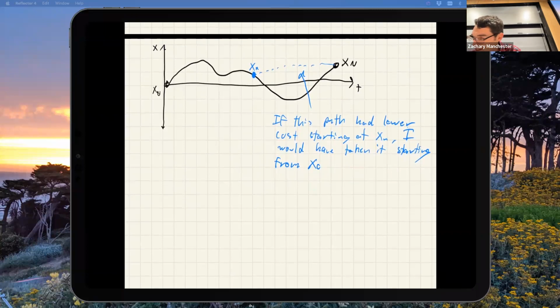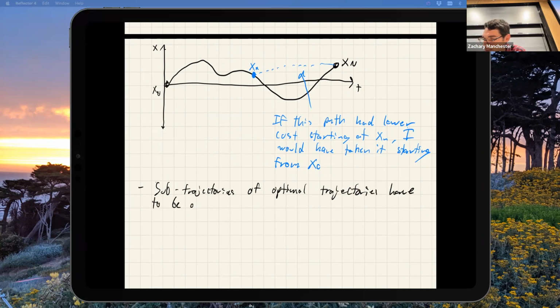And so another way of saying this is sub-trajectories of optimal trajectories have to be optimal for an appropriately defined sub-problem, right?